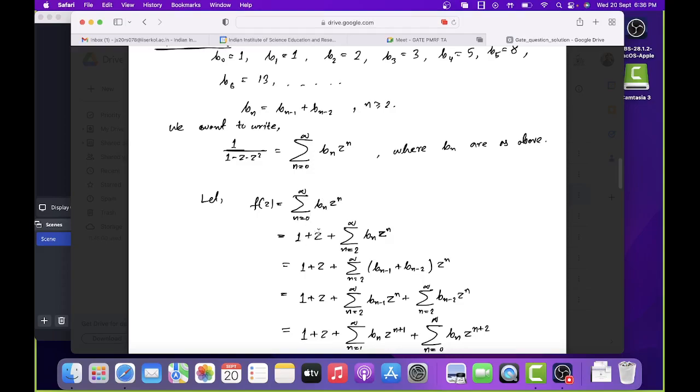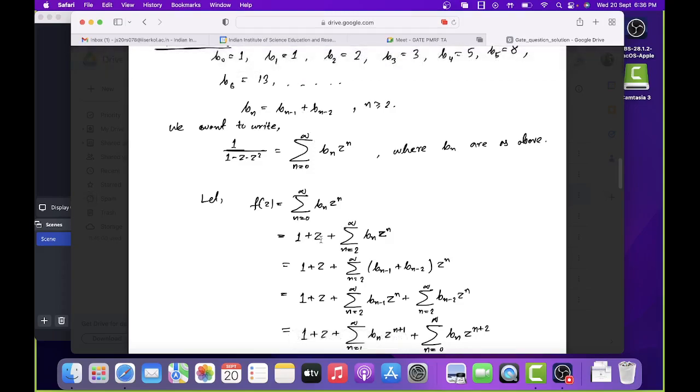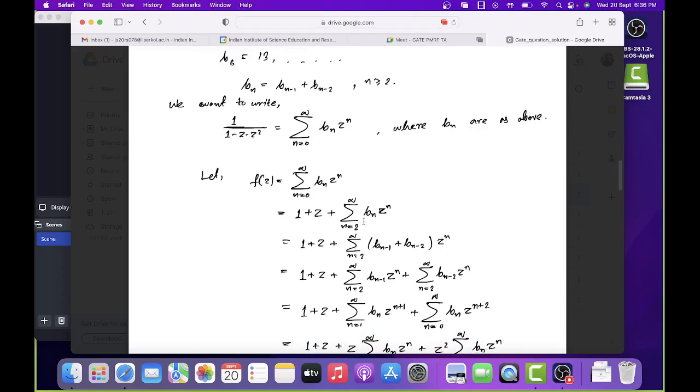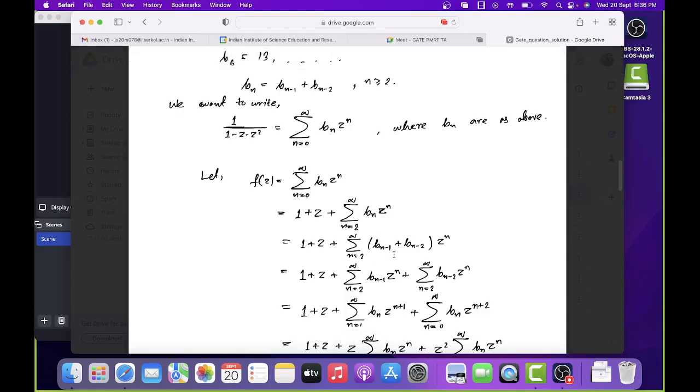And if you put n equals 1, again b1 is 1 and z is z, so it is 1 plus z. And now write the remaining as a series from n equals 2 to infinity, bn z to the power n. Because this is from n equals 2 to infinity, you can use the recurrence relation for the Fibonacci sequence: just replace bn by bn-1 plus bn-2.